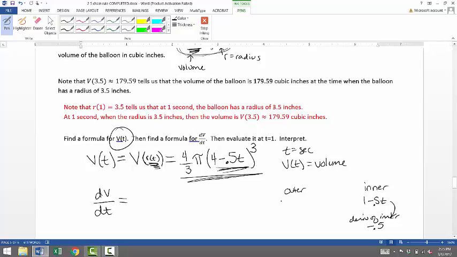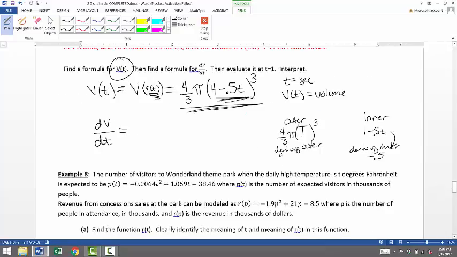We have an outer function, which is like 4/3 pi times big capital T cubed, and the derivative of the outer function would be 4/3 pi sitting out front. It's just a number, a constant out front. And the derivative of T cubed is 3 times T squared, but the T is this inner function.